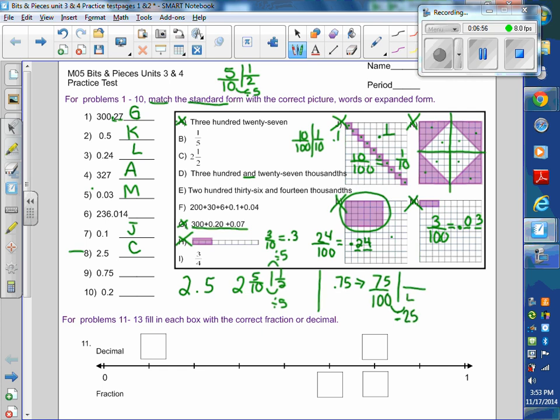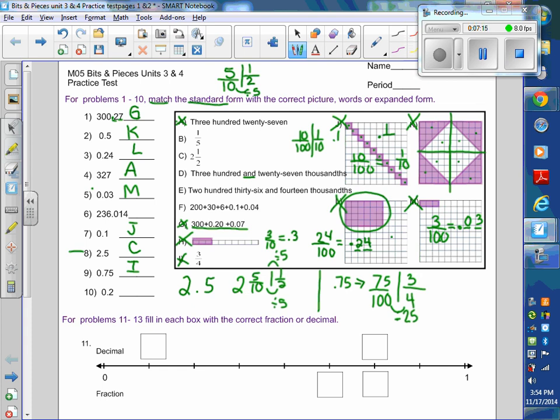There's 4 quarters in $1 and 3 quarters is 75 cents. So 75 hundredths is the same as 3 out of 4, or the fraction 3/4. So this is I. Now we're just down to number 6 and number 10.